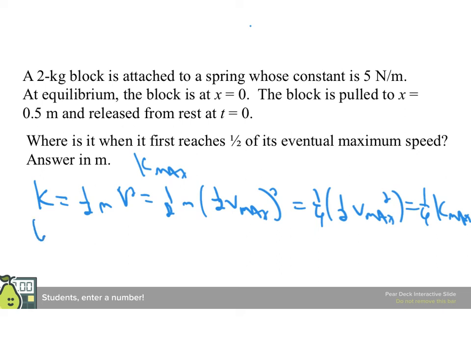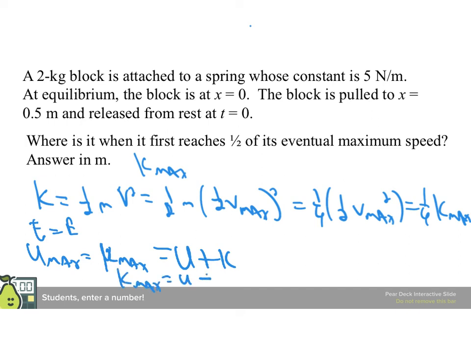We know that the total energy is conserved, which means the maximum potential energy is the same as the maximum kinetic energy, which is equal to the current potential plus current kinetic energy. So we have K max is the current potential plus 1/4 K max. The current potential is 3/4 of K max, which means it's 3/4 of U max.